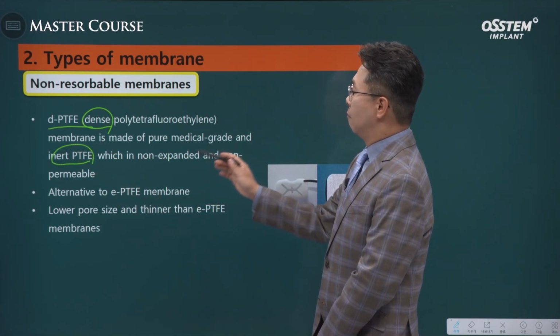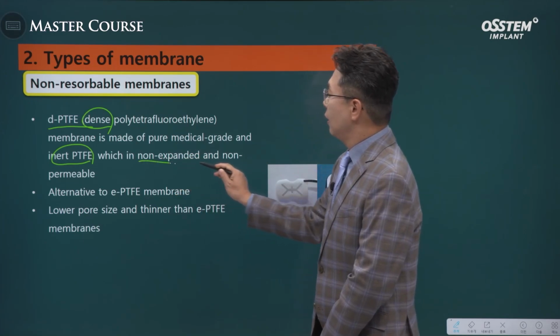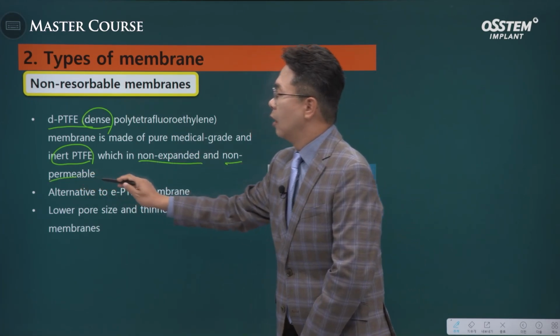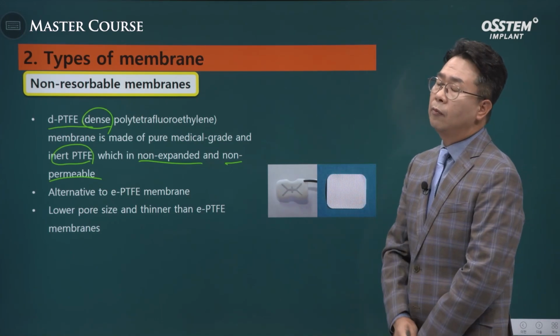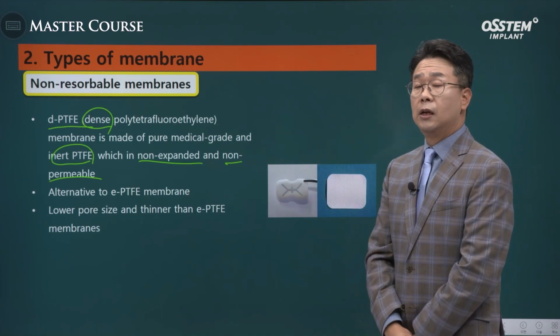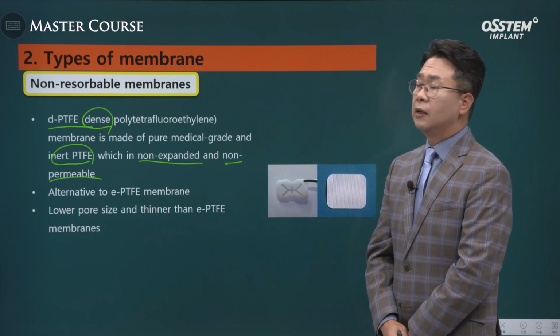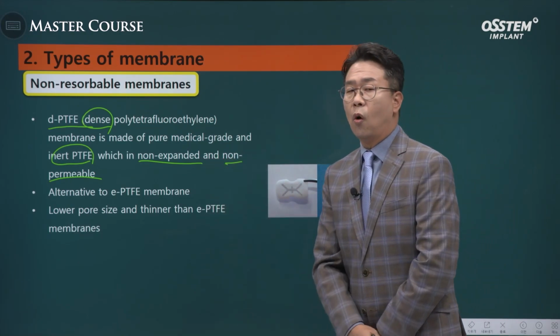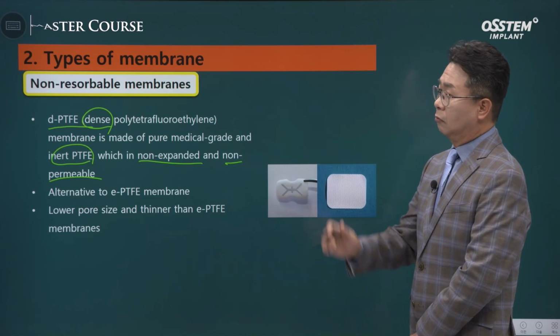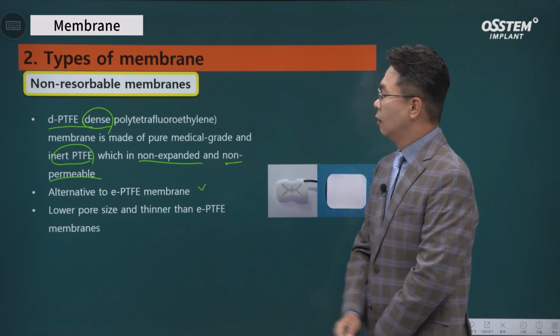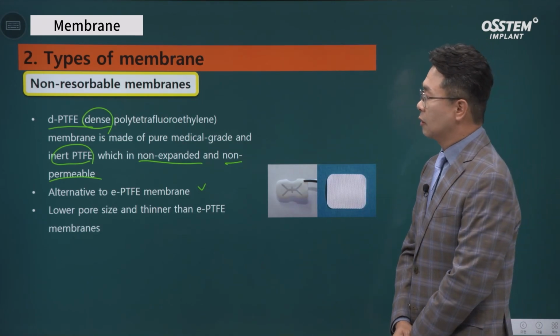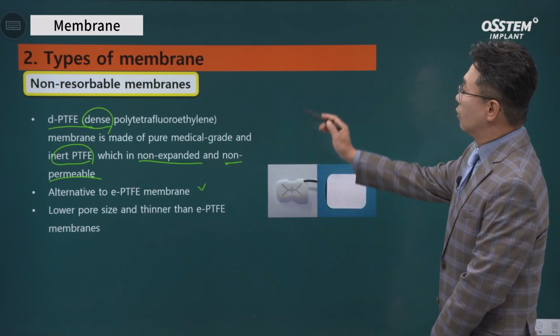This is an inert PTFE membrane which is non-expandable and non-permeable. I've talked about how membrane should be semi-permeable. But this membrane is not permeable whatsoever. This is both an advantage and a disadvantage. This can be used as a replacement for ePTFE membrane.